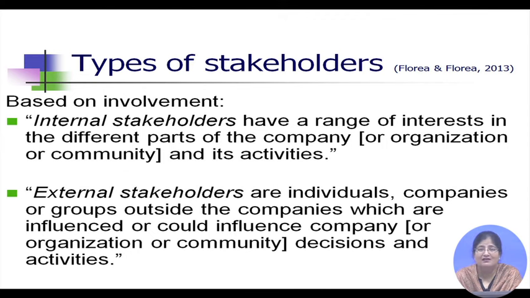So they are not really insiders, but they are outside the organization, but they could influence the company and they could be influenced by the activities of the company. They are not within that same organization. So based on the level of involvement, we have 2 types of stakeholders.